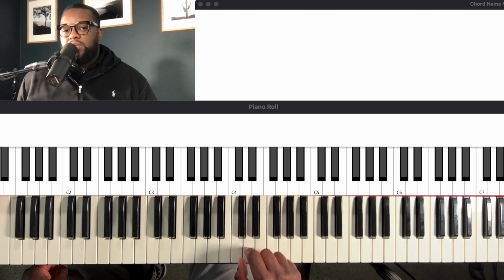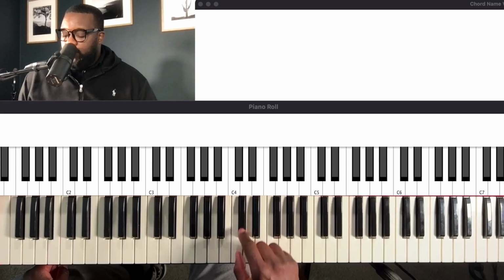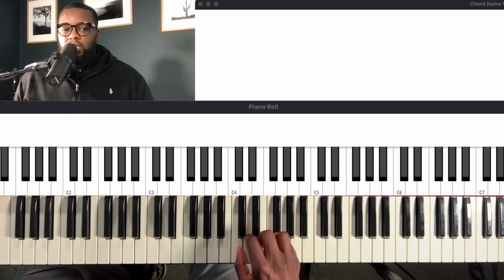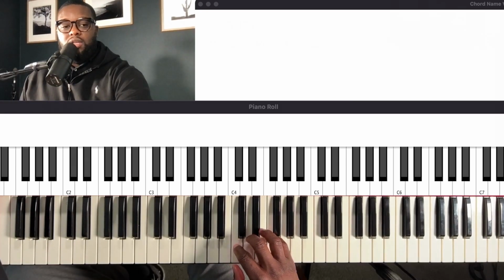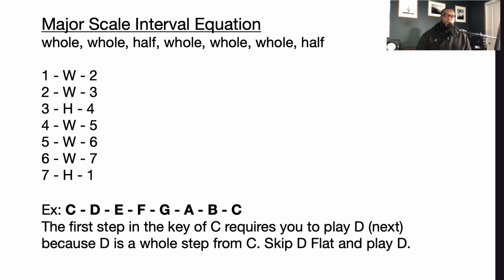Okay? So you skip a step, that makes it a whole step. You go to the next step, and that's a half step. Okay? So the equation for the major scale is whole, whole, half, whole, whole, whole, half.